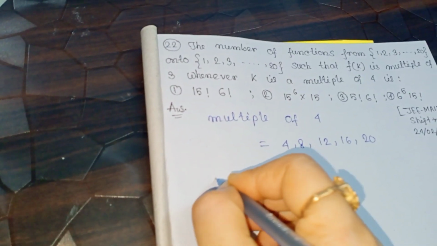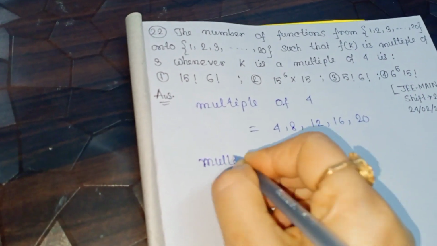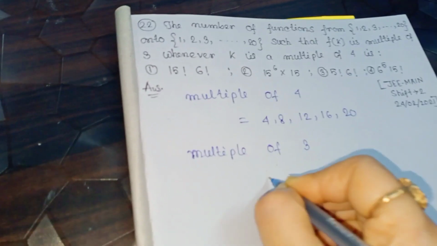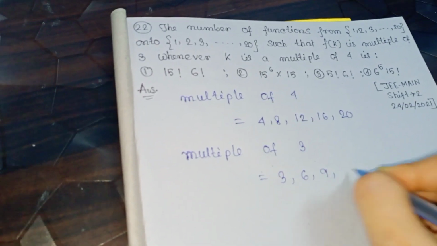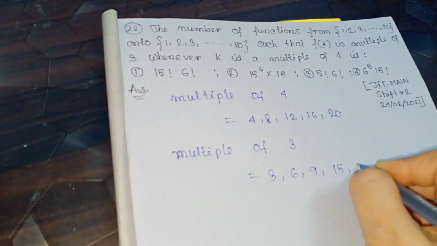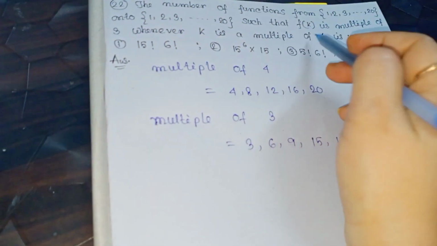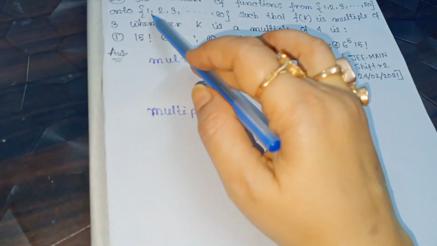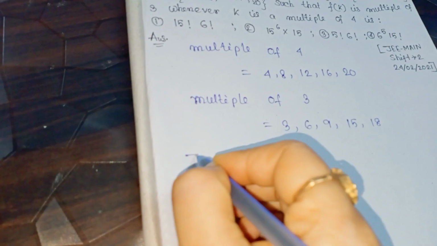Now the multiples of 3 are 3, 6, 9, 12, 15, 18. Now this is the number of functions from this set onto this set. So this is a total onto function.